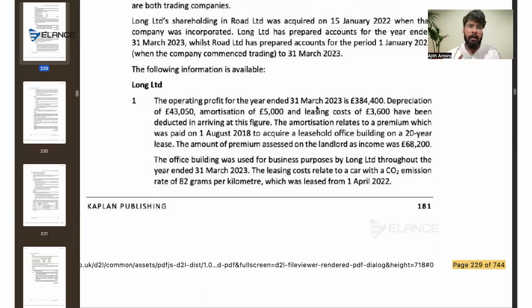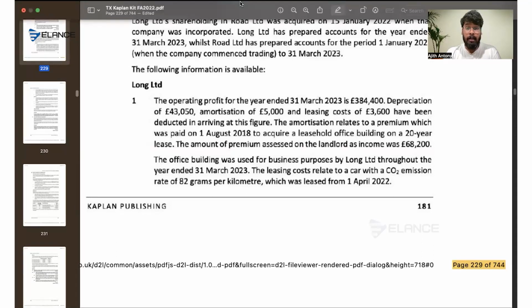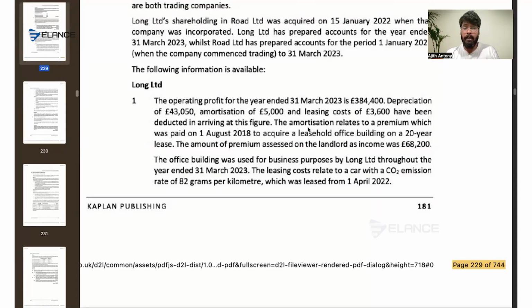And from my side, I'm taking that property on lease for the purpose of my trading. So if I'm taking any leased property for the purpose of trading, I can deduct the premium amount I'm paying. Here the amount of premium was 68,200.